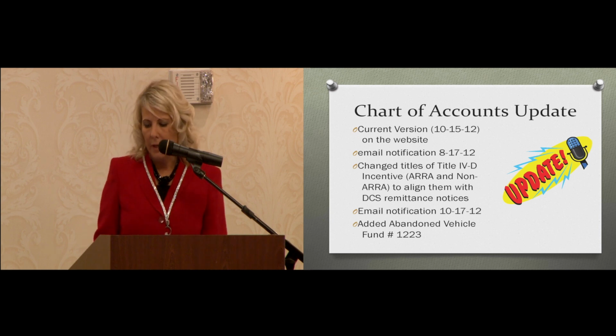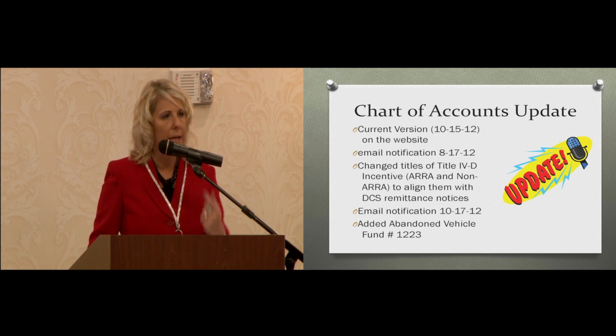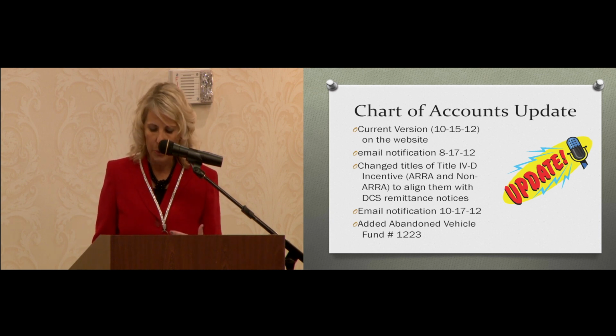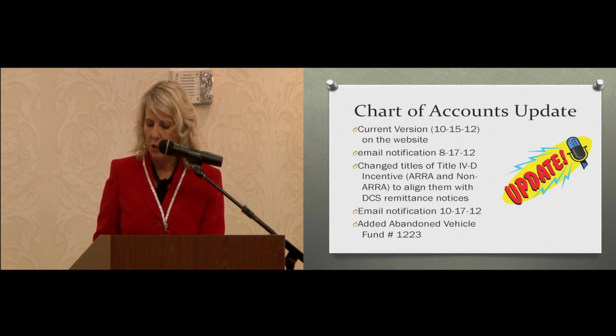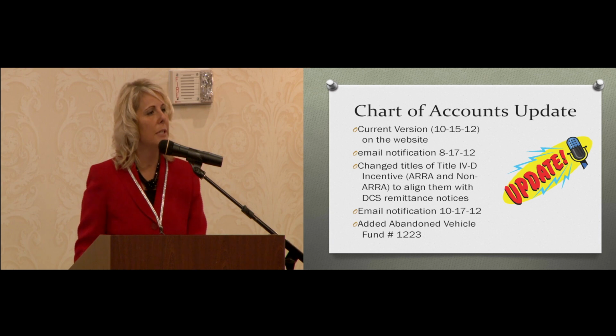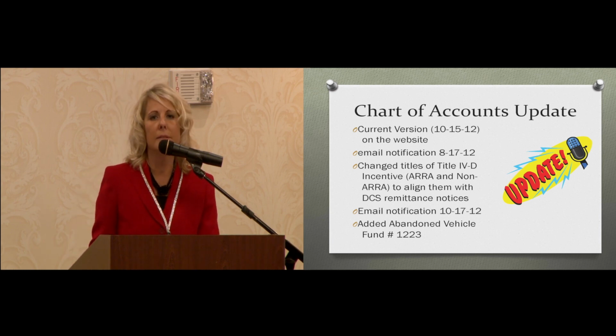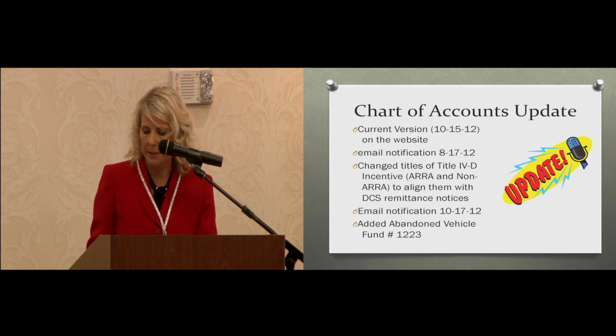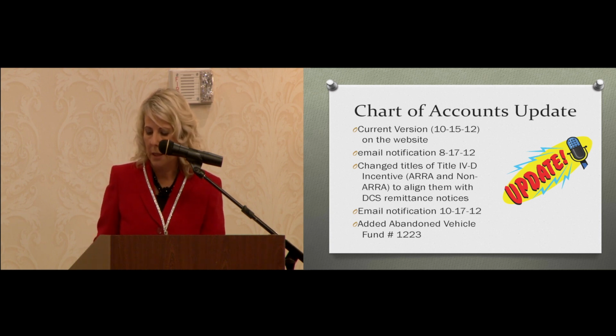You also have a couple of other slides on the chart of accounts updates. There were two. One of them was the changes in the titles to the 4D funds, just to make them consistent with what DCS had told you and what is on your remittance notices. And I emailed you that notification of those title changes back on August 17th.